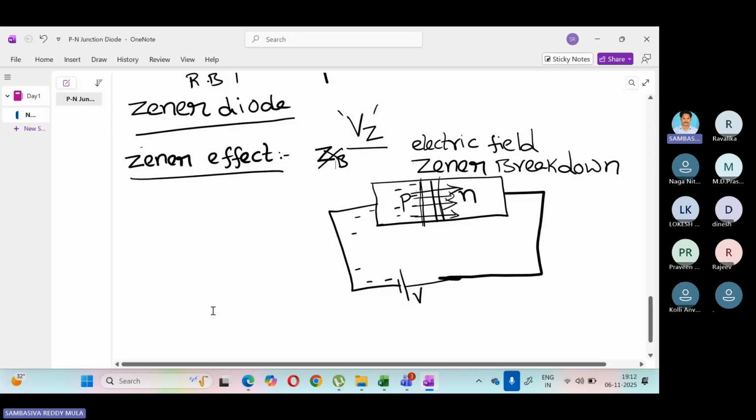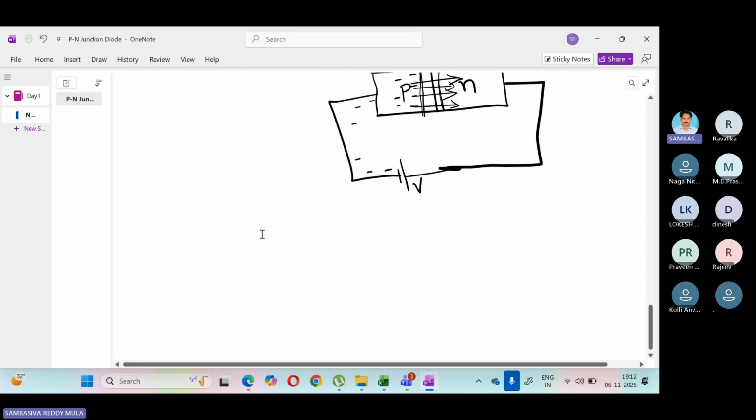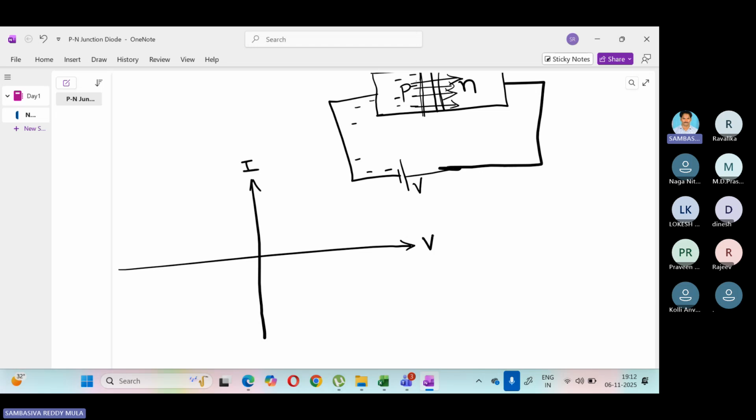If you draw the forward characteristics, they are the same as for an ordinary PN junction diode, and then the reverse bias characteristics. This is I and this is V, the forward characteristics.